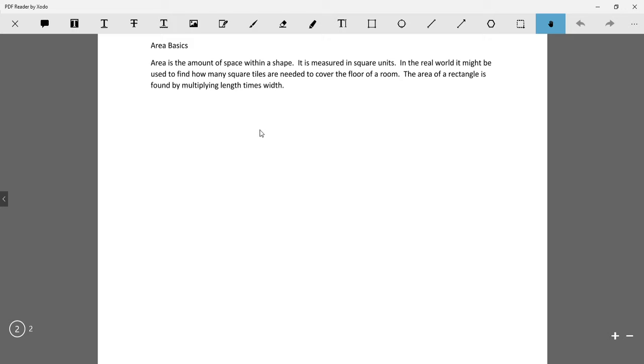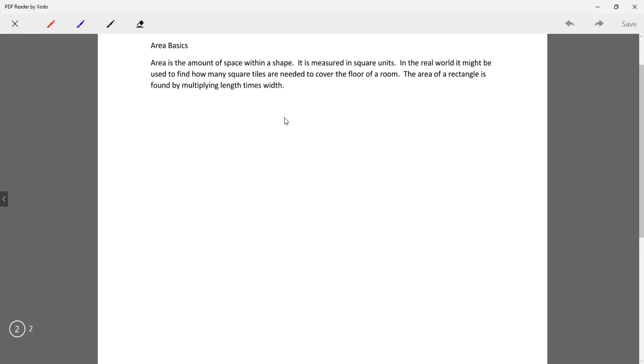So for a rectangle, and obviously a square counts as a rectangle in this, you're just going to do length times width to find the area. So let's go through an example.